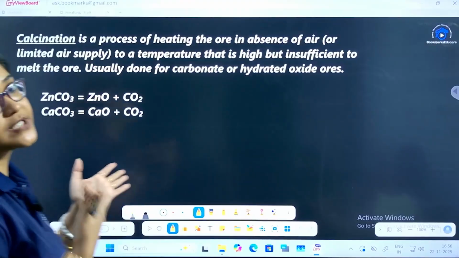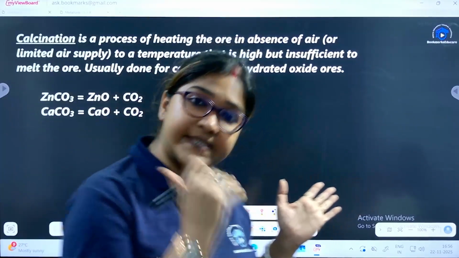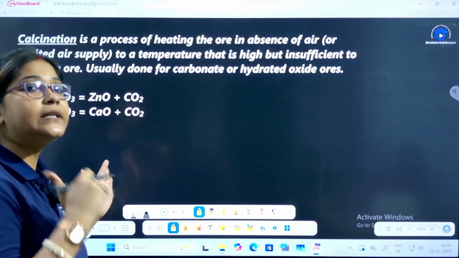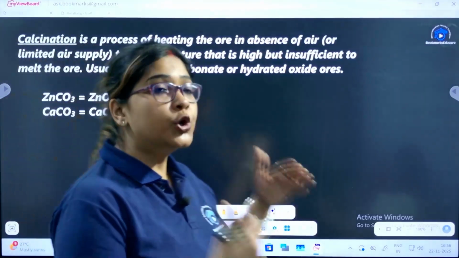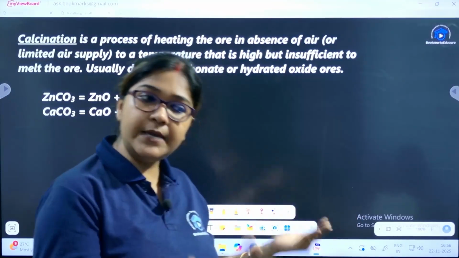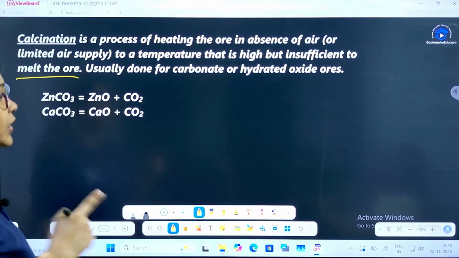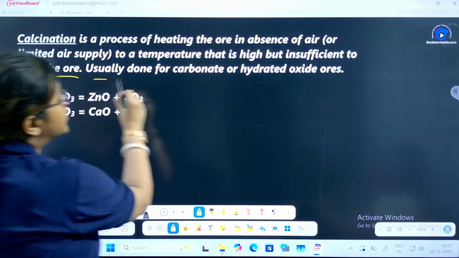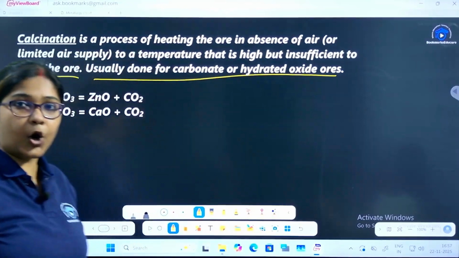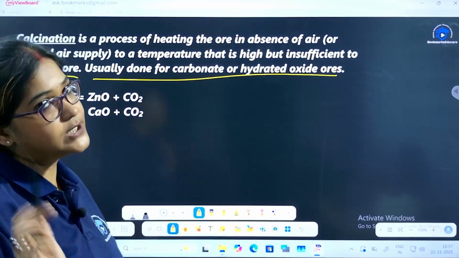Calcination is the process of heating in the absence of air or in a limited supply of air to a temperature which is high but not sufficient to melt the ore. Okay, this is usually done for carbonate or hydrated oxide ores.